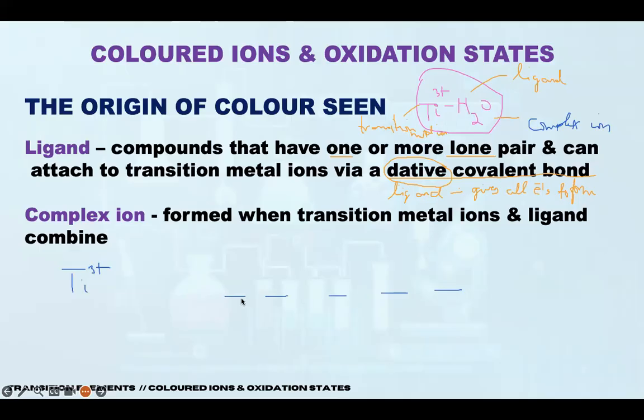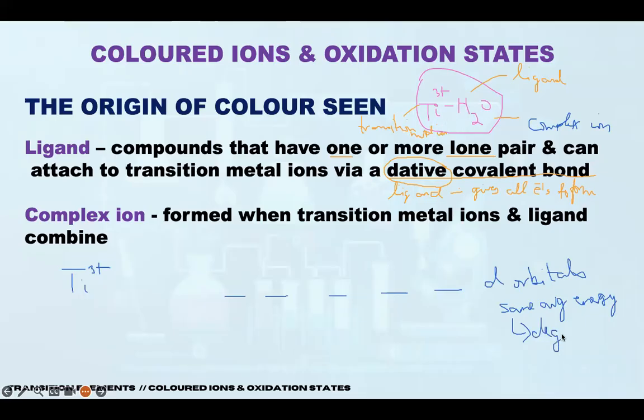D orbitals, remember, there are five of them. When we have our isolated Ti3+ by itself, we have our five d orbitals, and they all have the same average energy. Because they're at the same energy level, we would say that those are degenerate orbitals.